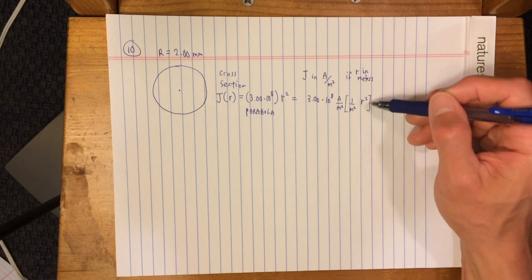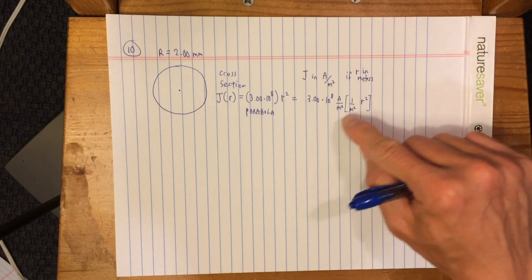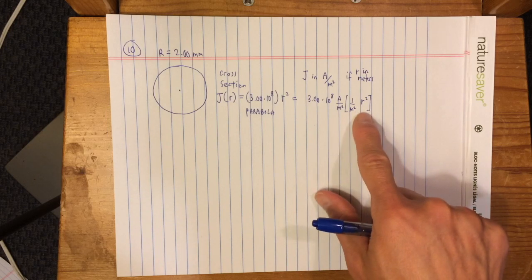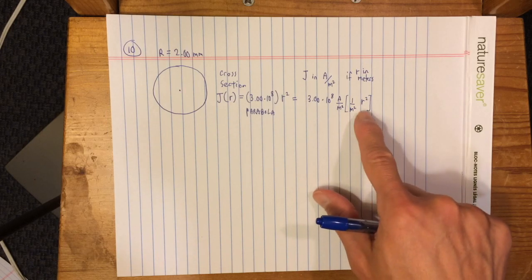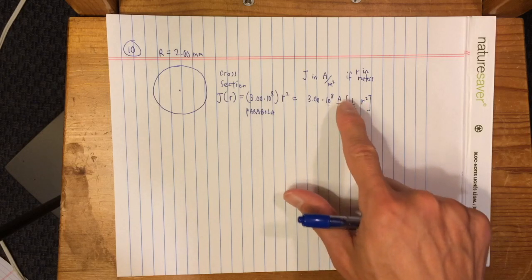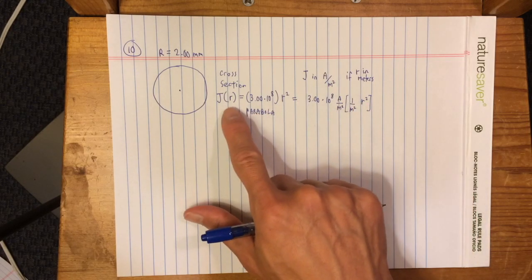So the thing inside the brackets will be a number with no units, and then here's the units, amps per meter squared. That's what J needs to be.